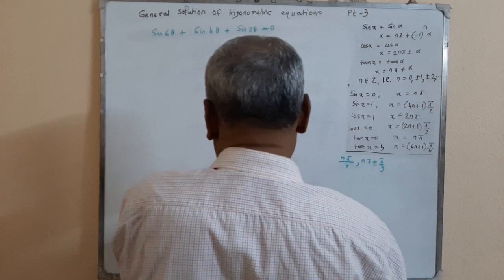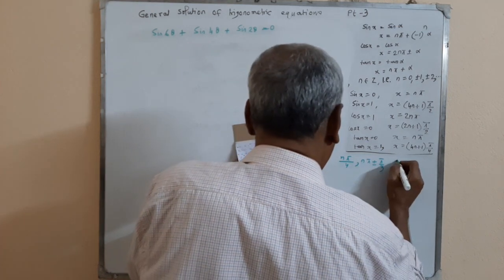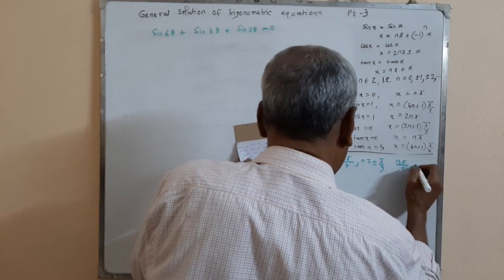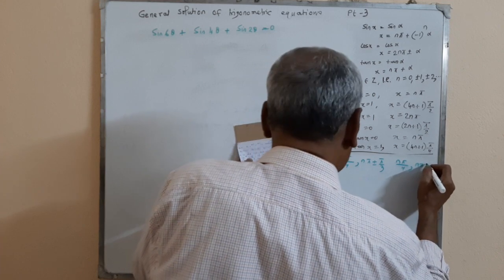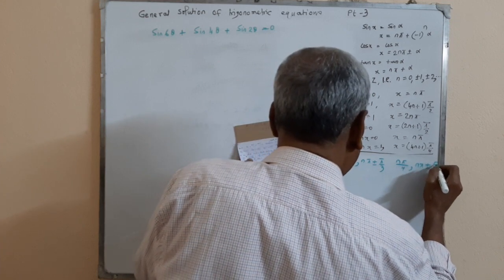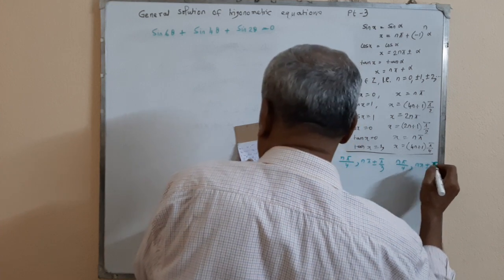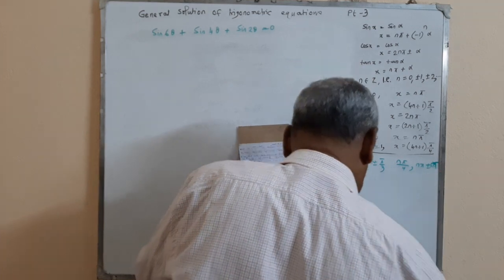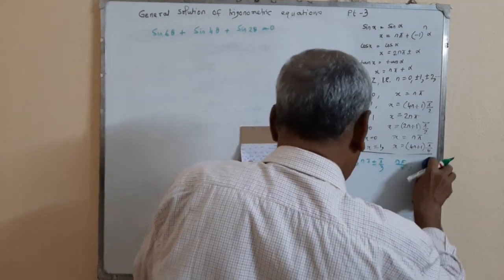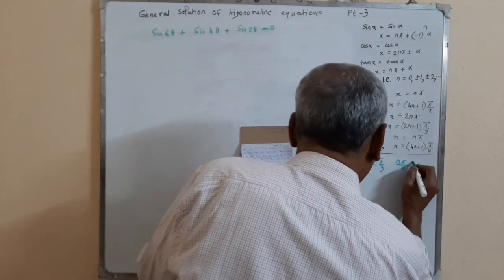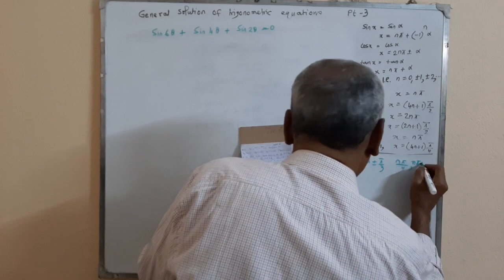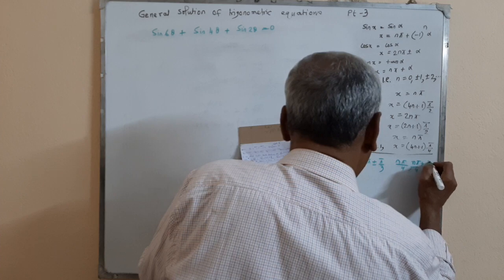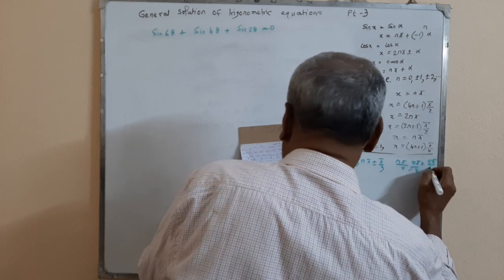Number 2, n pi by 4 and n pi plus minus pi by 12, 5 pi by 12, sorry, n pi plus minus 5 pi by 12.